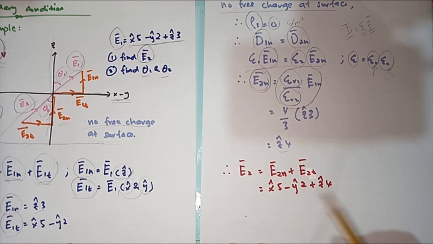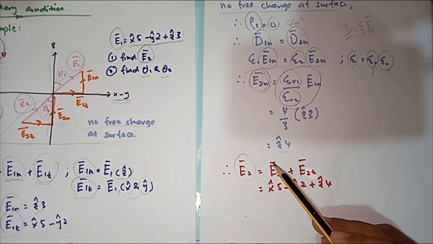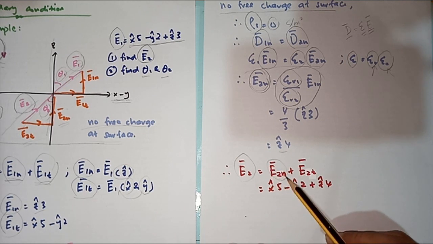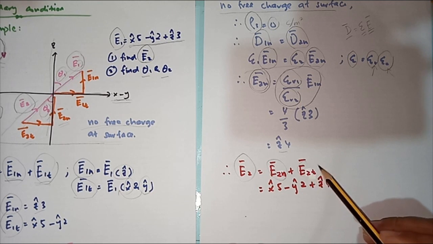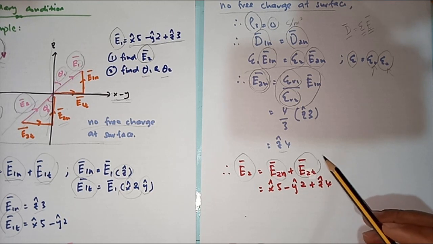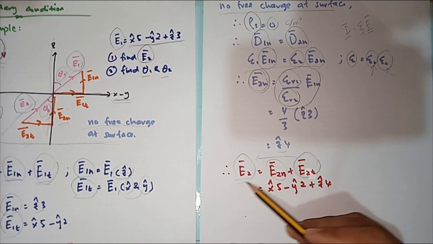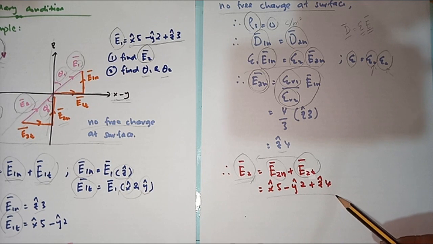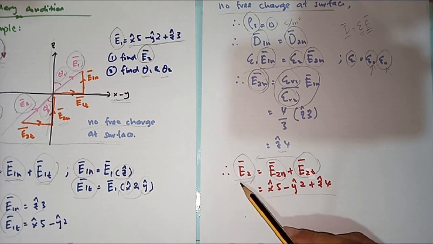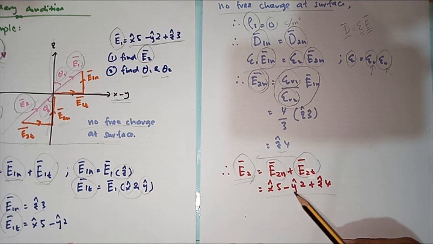Therefore, the vector of E2 is equal to E2n, the normal component, plus E2t, the tangential component, so the vector of E2 is equal to x cap 5 minus y cap 2 plus z cap 4.